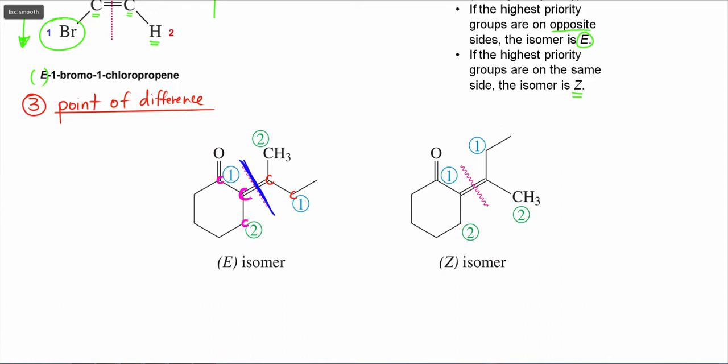We do the same thing the way we wrote out the attachments for the absolute configuration R and S. This carbon is actually attached to this carbon right here and these two hydrogens. So I have C, H, and H.